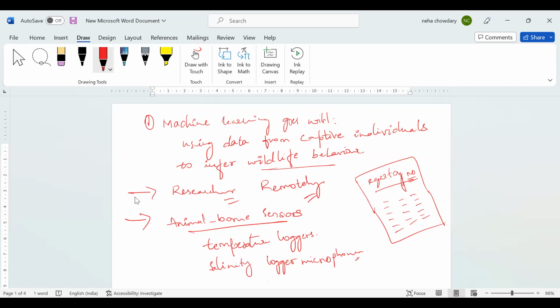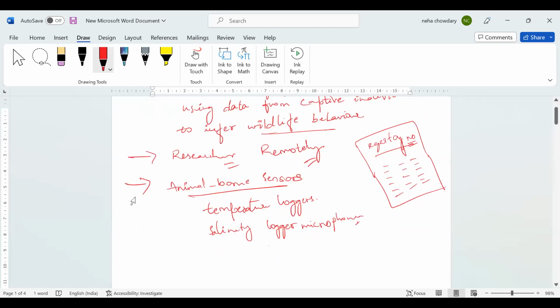They were used to study a wide variety of parameters in wild animals without disturbance by human observers. So these animal-borne sensors made it possible to track the location of wild animals.